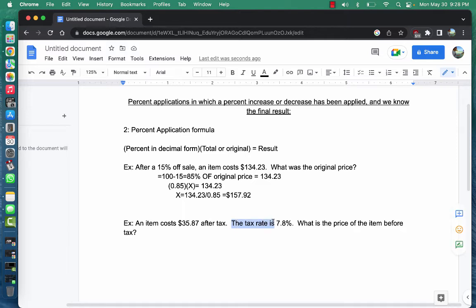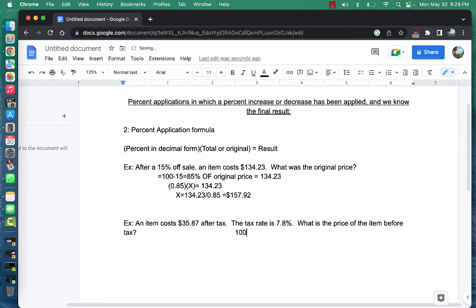The thing is, though, tax is a percent that's added on to the 100% cost that you're going to pay. So when you see a price tag, you have to pay 100% of that cost plus the percent of the tax. Whenever we have tax, tax is just added on, as opposed to the sale where it's taken off.